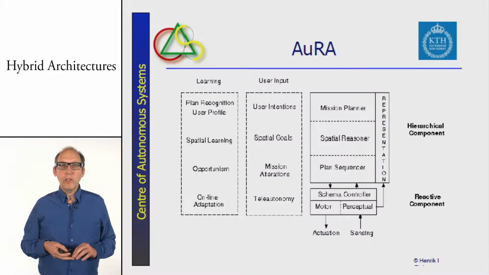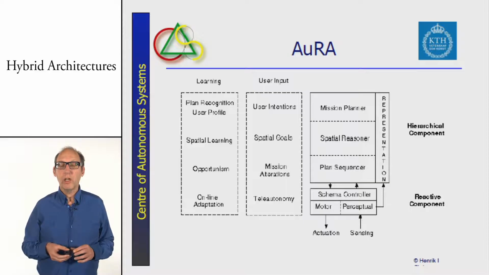On the right side, you have the real control of the robot. On the lowest level, you have the reactive component that actually executes all the active schemas of that moment. And above that, you have three different levels of planners.